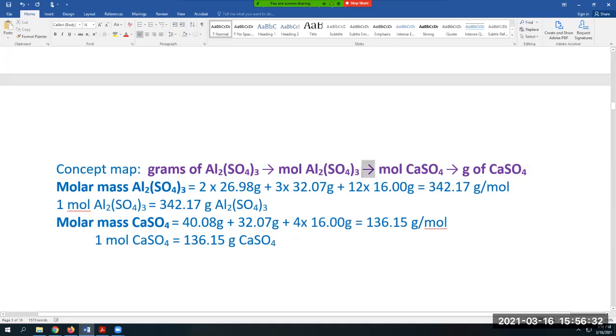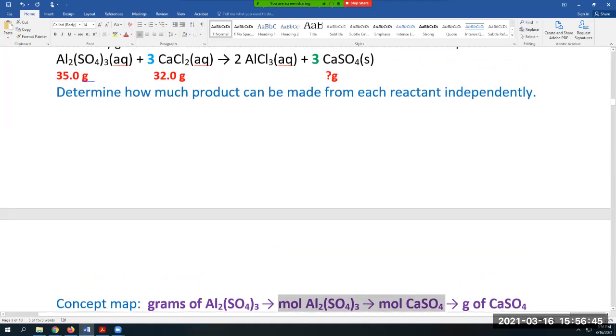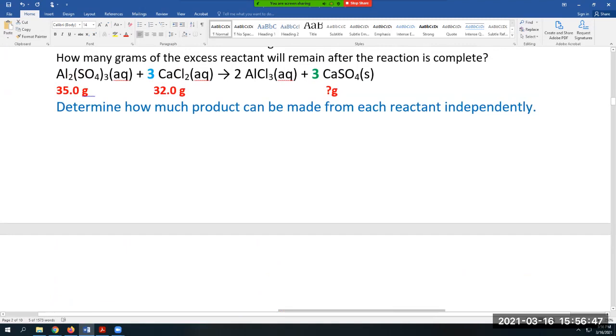We need now the conversion factor or equality that will change the moles of aluminum sulfate to moles of calcium sulfate. And for this, we need to look at the chemical equation, and it's up there. And it's between this one. So 1 mole of aluminum sulfate produces 3 moles of calcium sulfate, right?